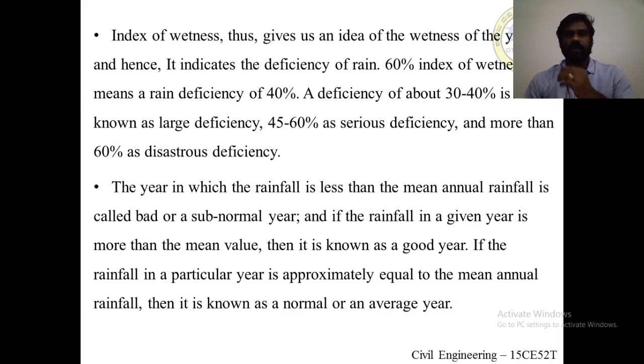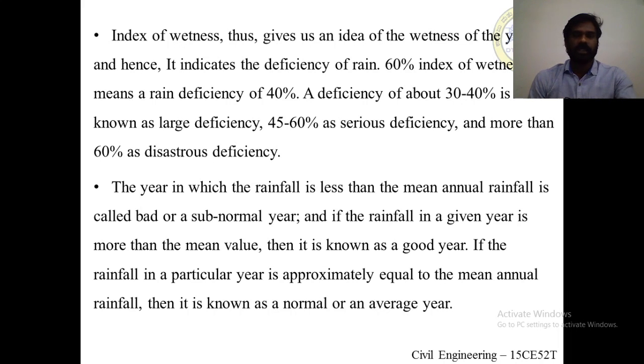And if the deficiency is 45 to 60%, it is considered as serious deficiency, and more than 60% is considered as disastrous deficiency. By the index of wetness, we can know how much deficiency of rainfall has occurred in the year.